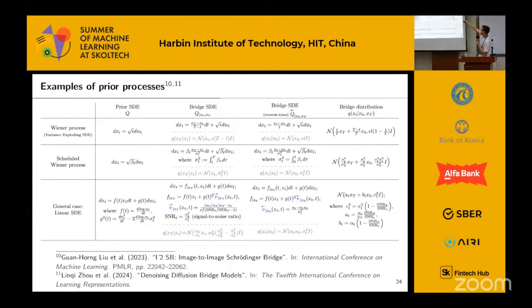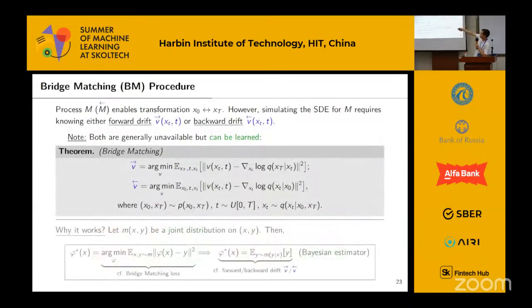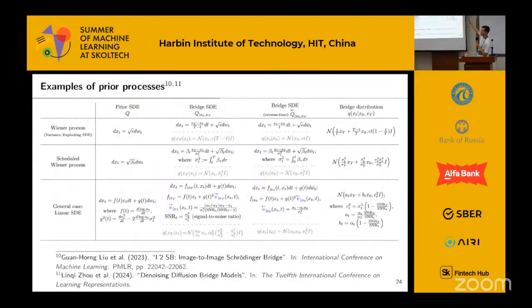The same holds for the reverse time stochastic bridge associated with this Wiener process. And the bridge distribution, basically how to sample an intermediate point given the endpoints, is of course also analytically known. So all this stuff needed for bridge matching, basically how to sample from this expectation and how to compute this, is known. There are some closed formulas which you can just use in practice.